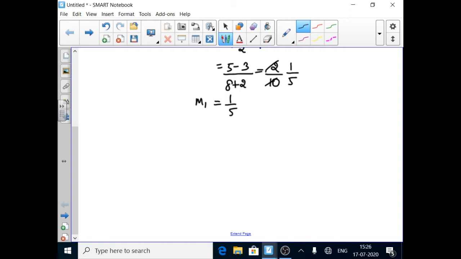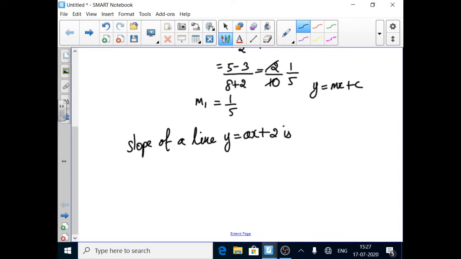Another clue they have given is that it is perpendicular to one equation of a line. So here also we could find out the slope of a line using this line. The slope of the line y = ax + 2: how can we use the formula here? y = mx + c.